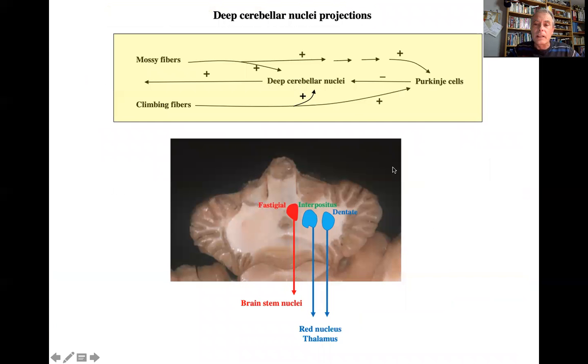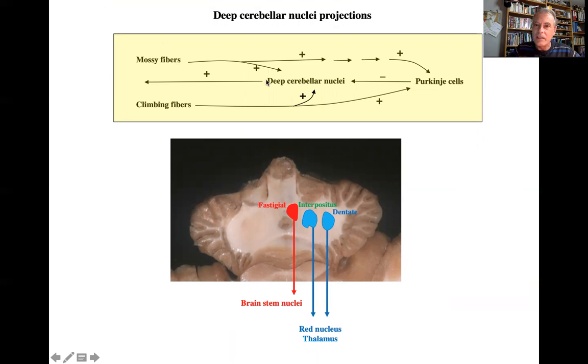So, summarizing, these deep cerebellar nuclei receive afferences from climbing fibers coming from the olivary nucleus, and mossy fibers from the rest of the fibers. And also they receive inhibitory information from Purkinje cells, because the Purkinje cells also receive climbing fibers and mossy fibers information.